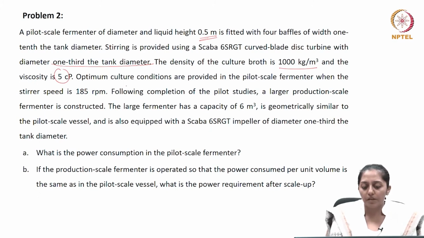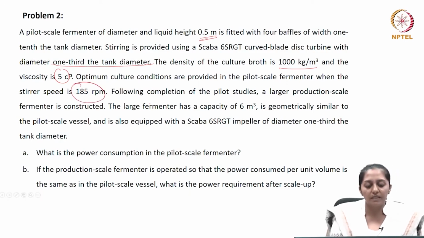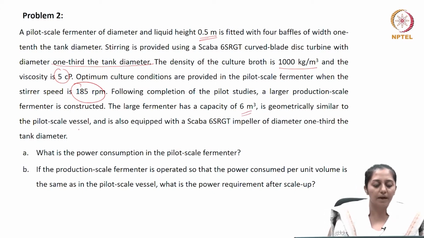Optimum culture conditions are provided in the pilot scale fermenter, where the impeller speed is 185 rpm. Now, following completion of the pilot studies, a larger production scale fermenter is to be constructed. The larger fermenter has a capacity of 6 meter cube and is geometrically similar to the pilot scale vessel.